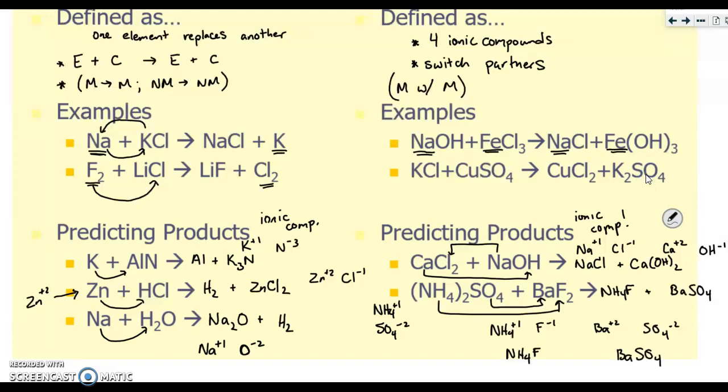Please check your answer. These are the two products that you should have ended up with. NH4 is +1, F is -1, so they cross. Barium is +2, sulfate is -2, so they cross. Again, this is going to take practice. It is a skill that you learn with practice. Let's continue.